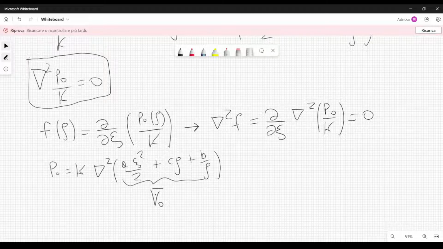Remember that we initially wrote the problem as P equal to K del squared V bar. This is where we started. And then we made some calculations and we arrived at this point. We have not really found P and V bar, but we have found P0 and V0 bar. So they are two different functions, but they will help us solve our problem. So V0 is this function here.